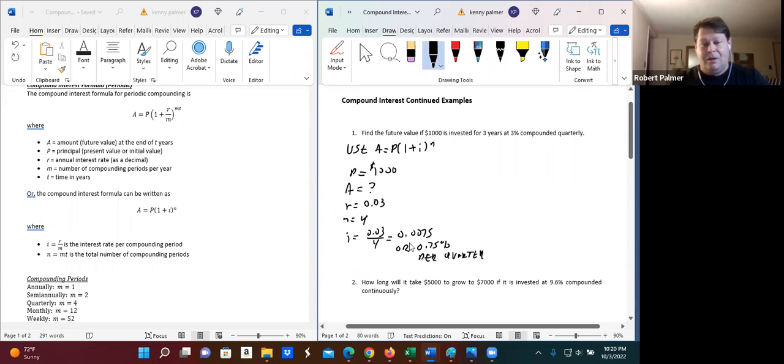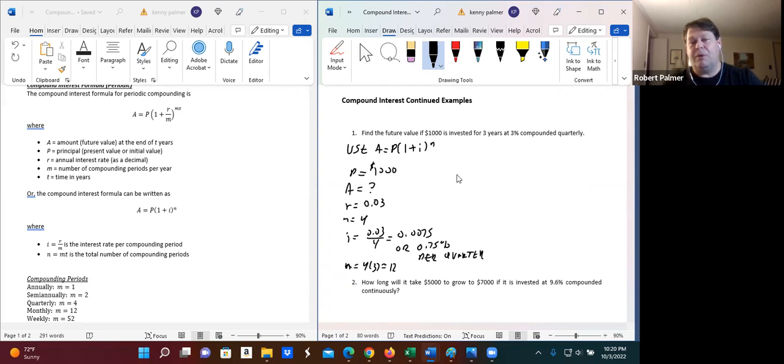And then our n is going to be M times T, which is 4 times 3, which is 12. Okay, so we're going to plug all that in, and let's just make a line here so we can separate this.